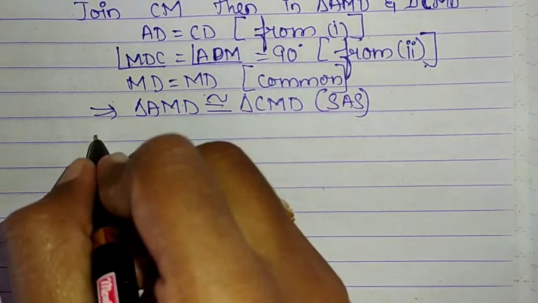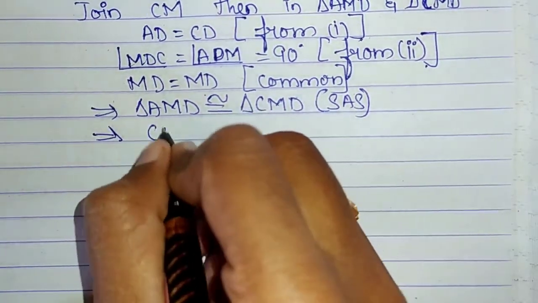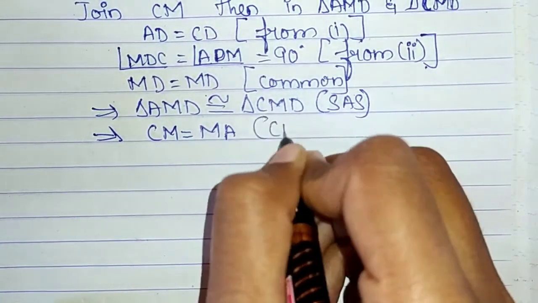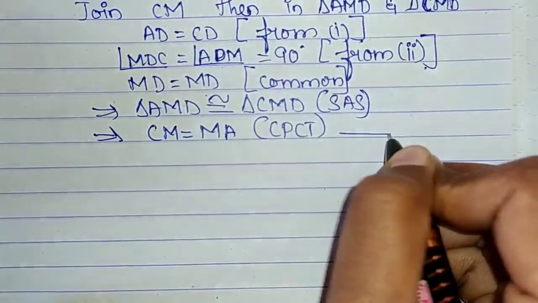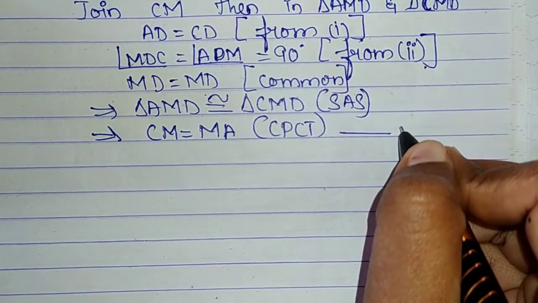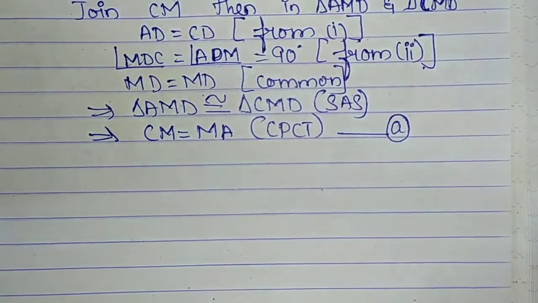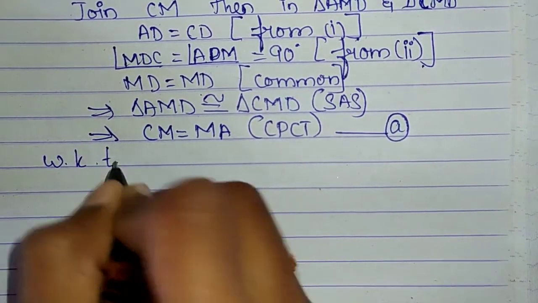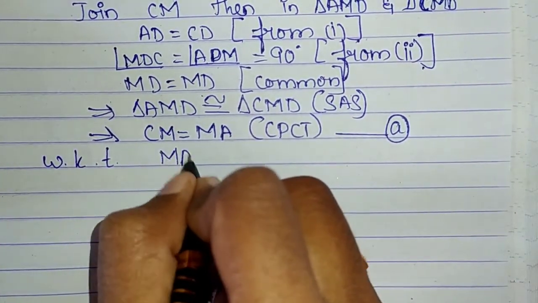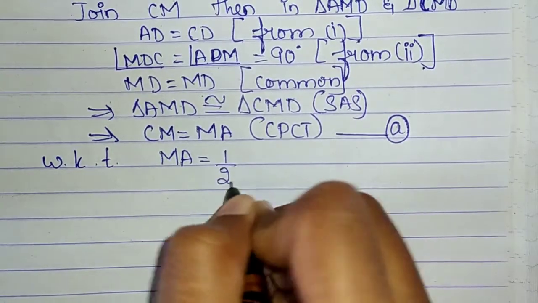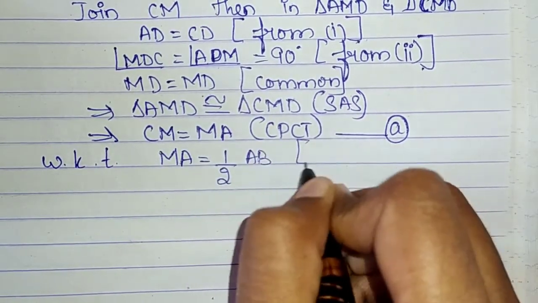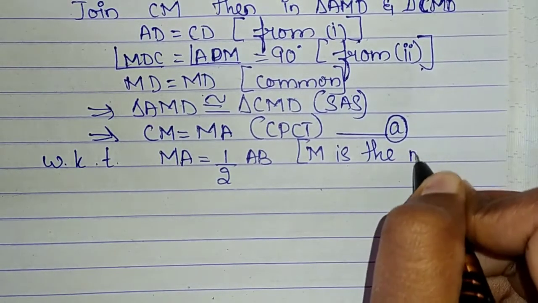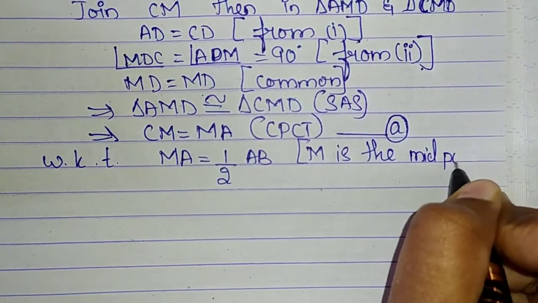So now this implies CM is equal to MA by CPCT. Let this be your result a. We already know that MA is equal to half AB because M is the midpoint.